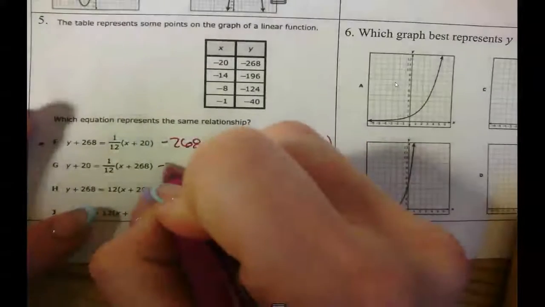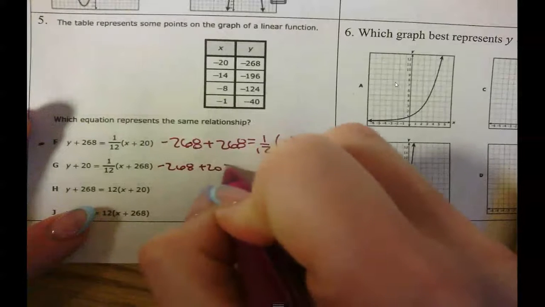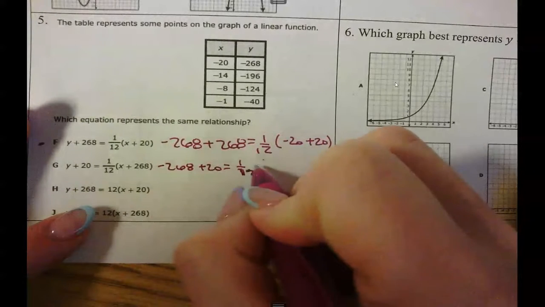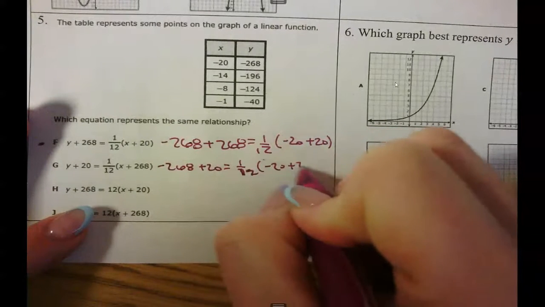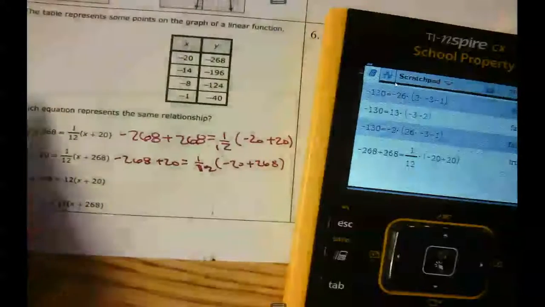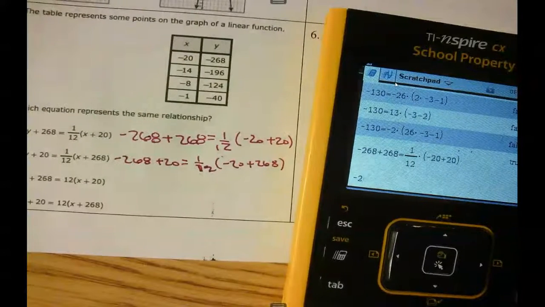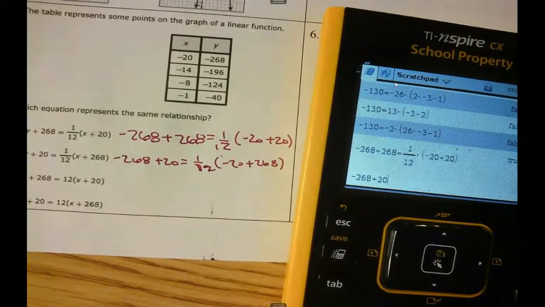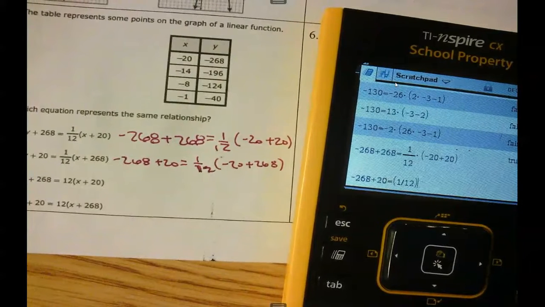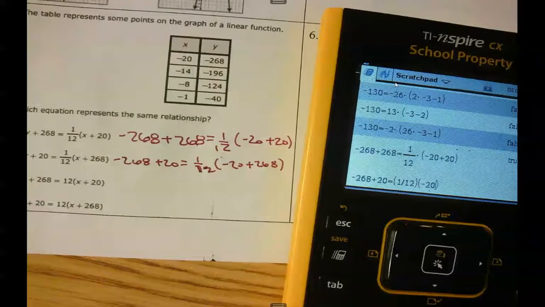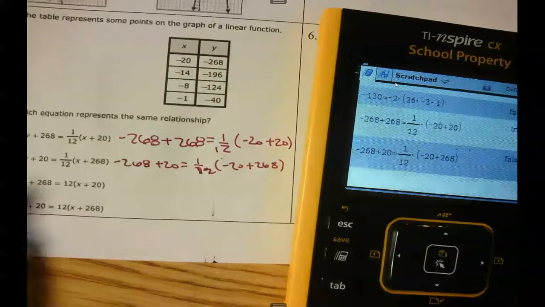Let's see. Negative 268 plus 20 equals 1/12 times negative 20 plus 268. So a lot of numbers. Plus 20 equals 1/12 times 20 plus 268. False.